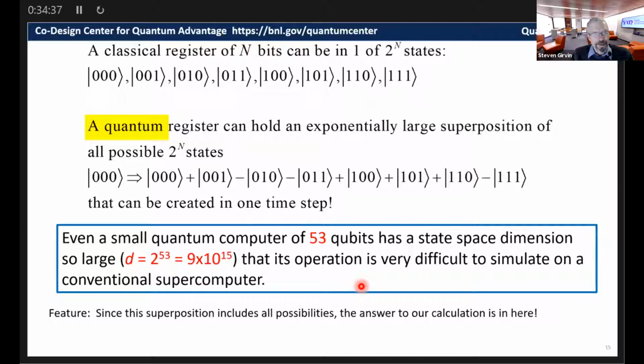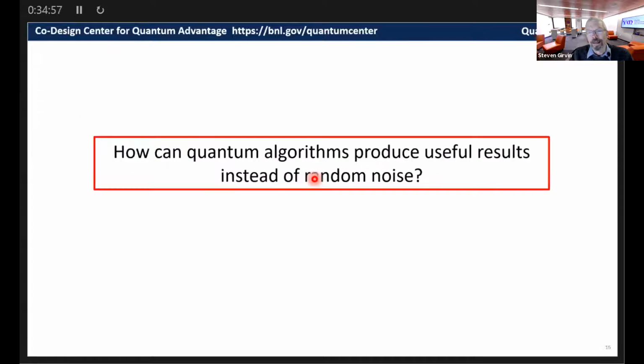So in this giant superposition, our answer is in there somewhere. It's got all possible states there. But the problem is that when you measure, you get a random state collapse to one of these possibilities, not necessarily the one that's the answer. So that's bad. So how can we get quantum algorithms to produce useful results instead of random noise due to this state collapse feature?